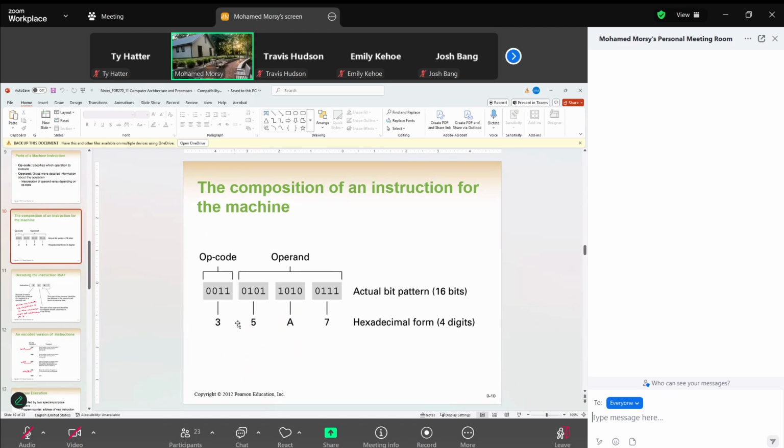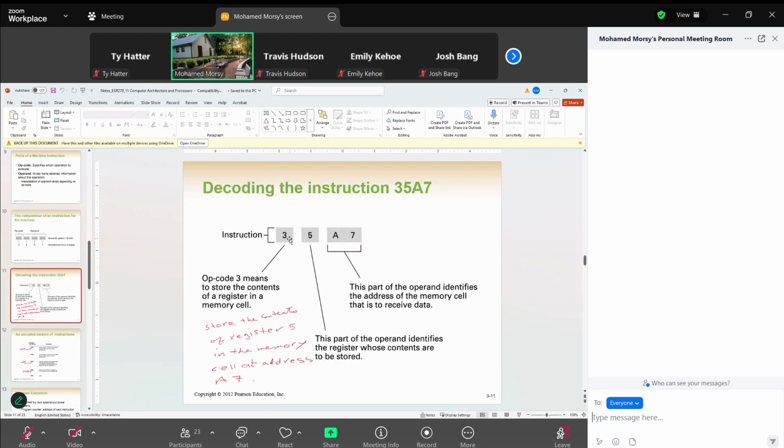It gives us the kind of operation we need to do. So store the contents of register 5. Now we have the details about the instruction, the operation: store the contents of register 5 in the memory cell at address A7. This is the translation, or decoding, of this instruction.